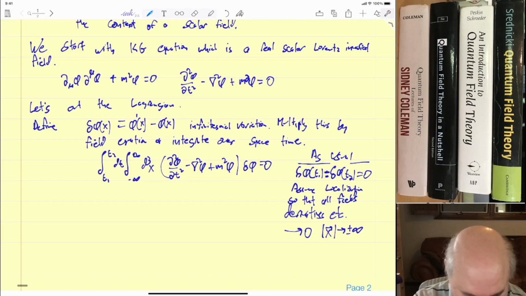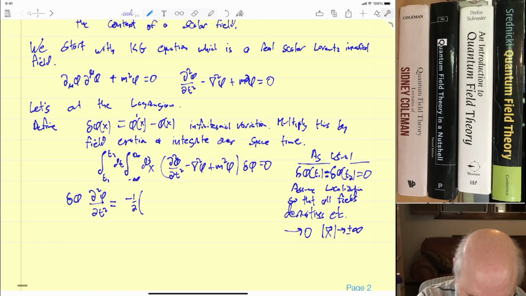And if you work this backwards, for instance, you can get, let's see, delta phi times the second partial of phi with respect to t is equal to minus 1/2 partial of delta phi with respect to t times the partial of phi with respect to t plus the partial of phi with respect to t times partial of delta phi with respect to t.